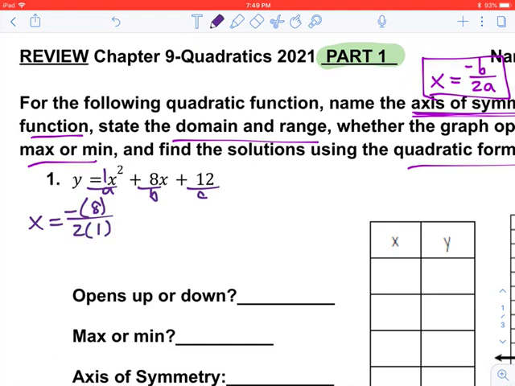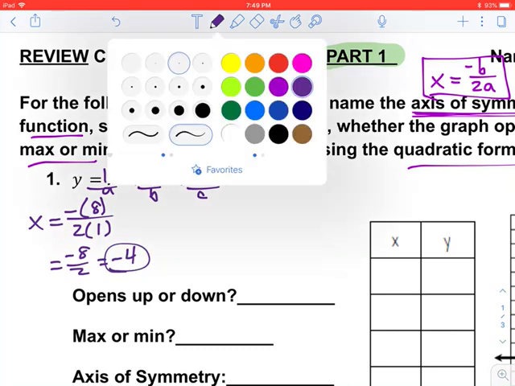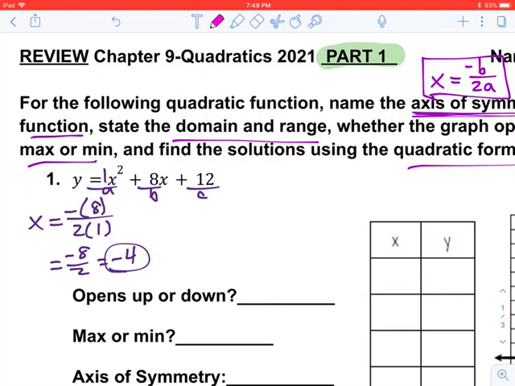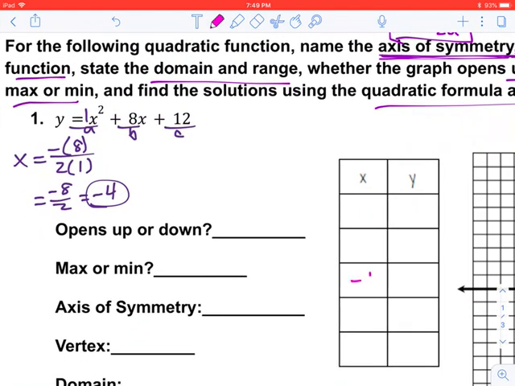And so I've got negative 8 over 2, which is negative 4. So, since negative 4 is my axis of symmetry, that's also going to be my first x value. Okay? And so, negative 4, we also have negative 3, negative 2, negative 5, negative 6 around it.